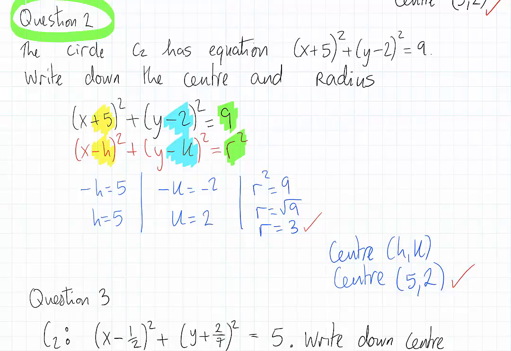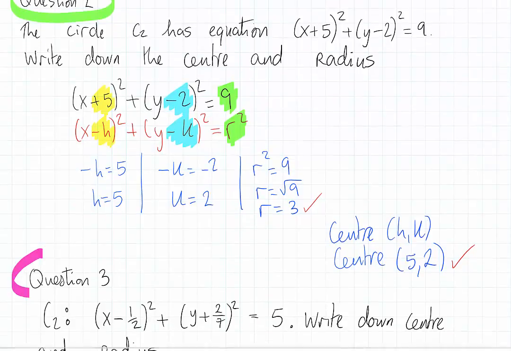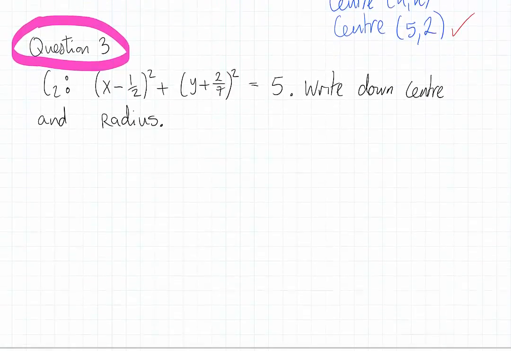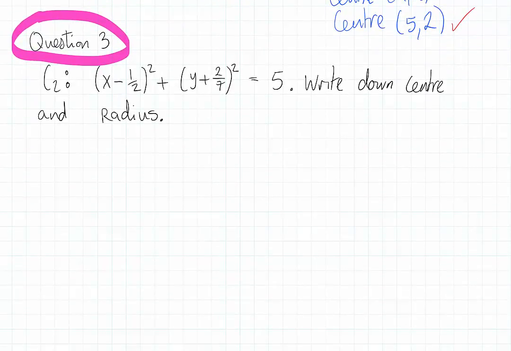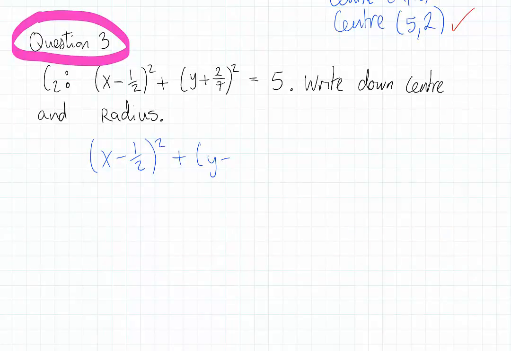So if we progress on now to a slightly more difficult example, largely due to the numbers in question, we have (x minus a half) squared plus (y plus 2/7) squared is equal to 5. So continuing with our process here, we aim to write the standard form equation directly under the given equation.